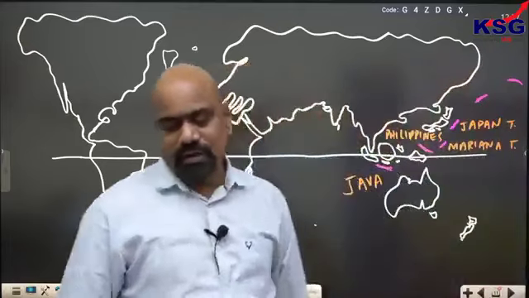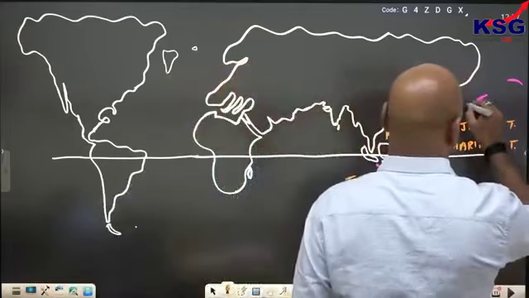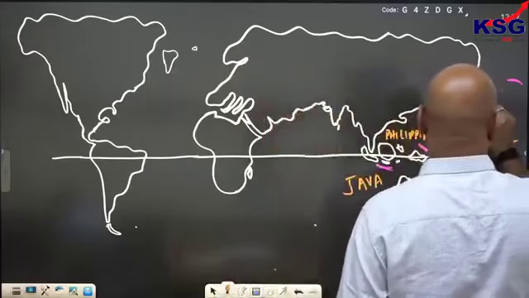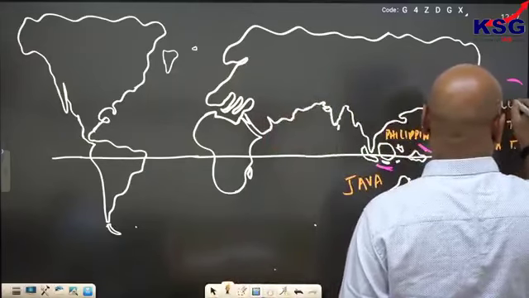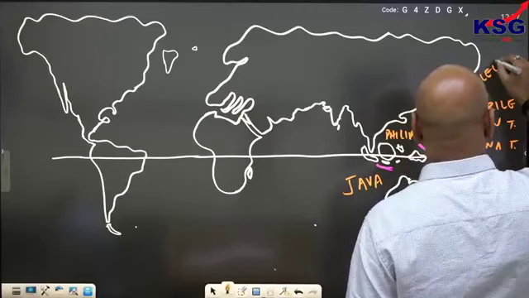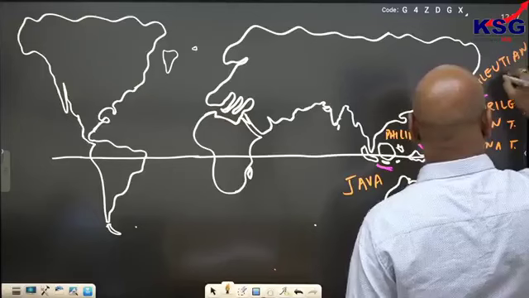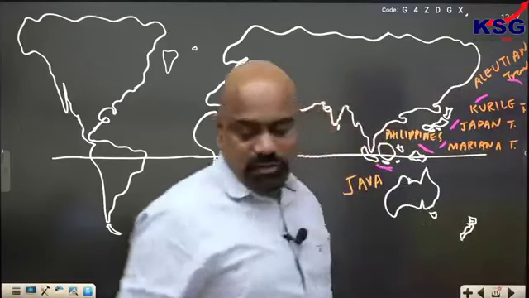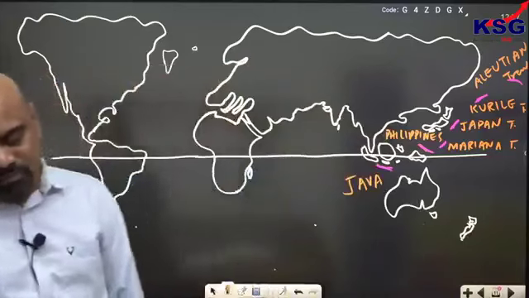Then you have Kuril Trench. Then you have the Aleutian Trench.